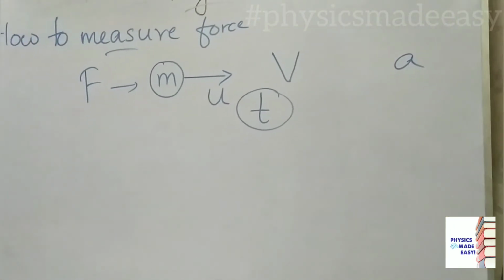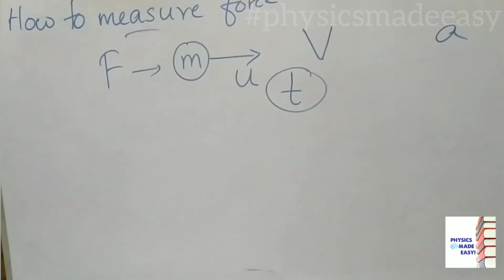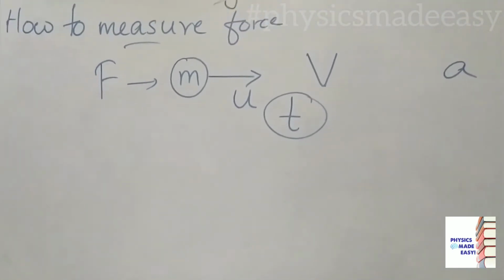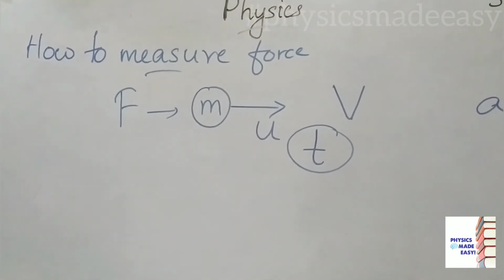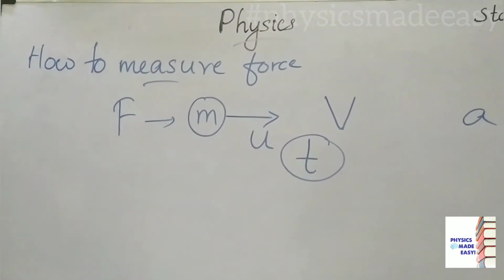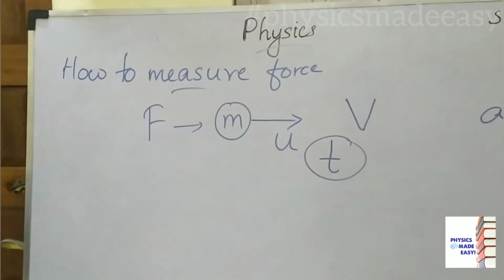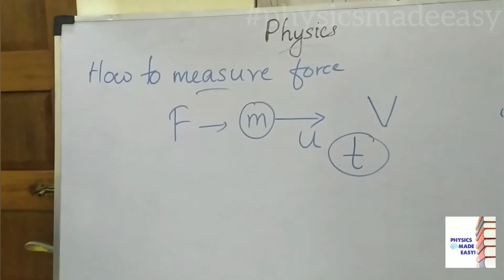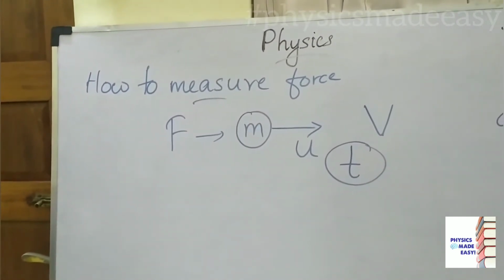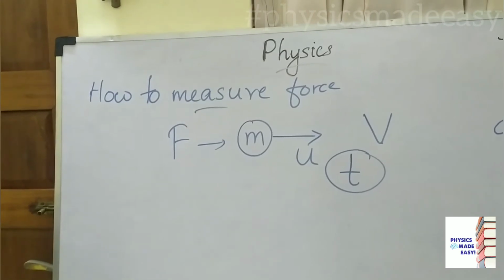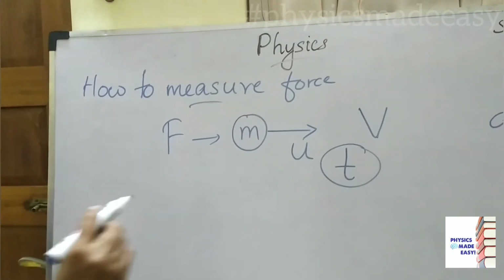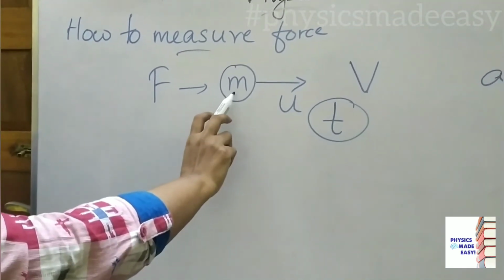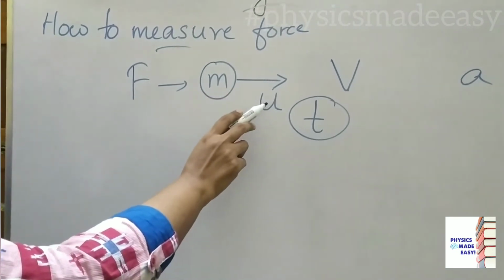Then how to derive an equation for force? You know children, the rate of change of momentum is directly proportional to the applied force. That only we got from Newton's second law. So here first we have to consider the momentum of this object. You know children, mass of the object is m moving with initial velocity u.